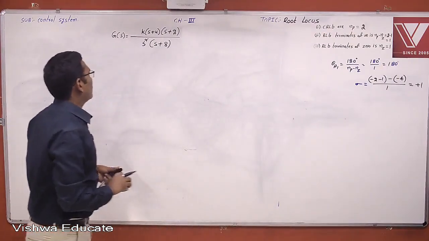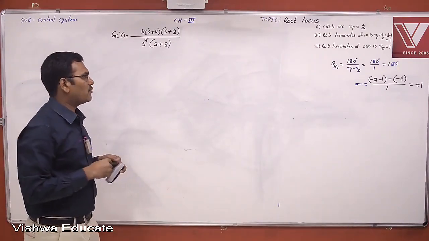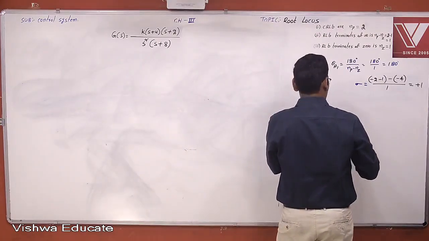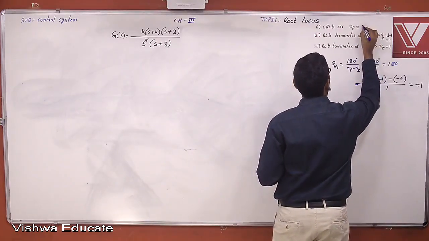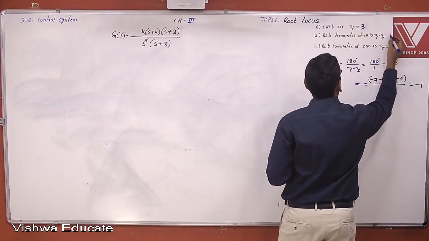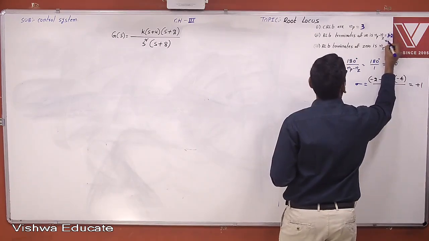This is the transfer function. Again, this is also a practical transfer function. So the complete number of root locus branches is np, and here np is 3. The number of root locus branches terminating at infinity is np minus nz, 3 minus 2, which is equal to 1.